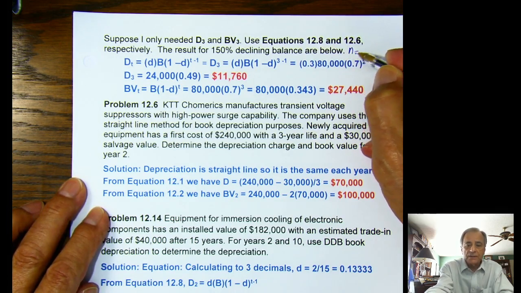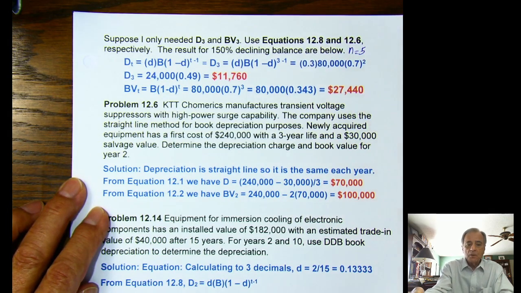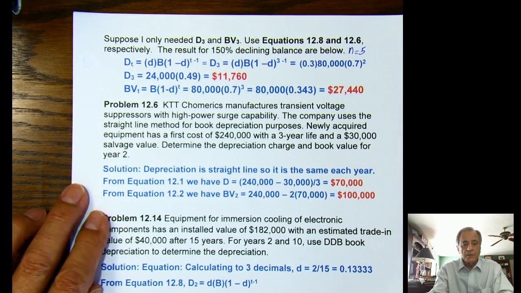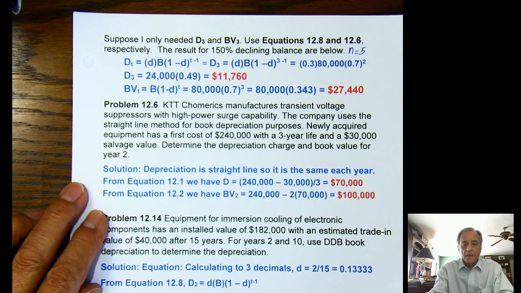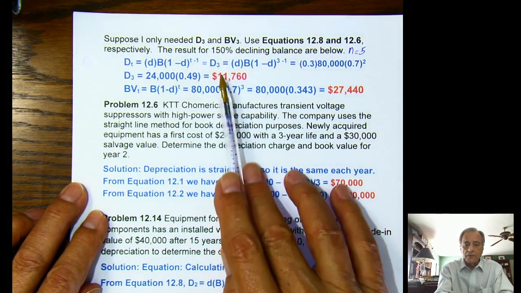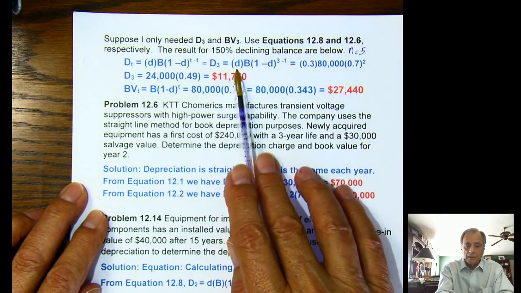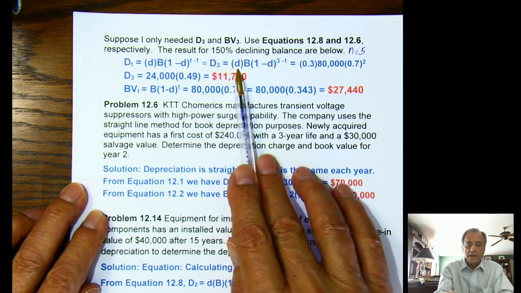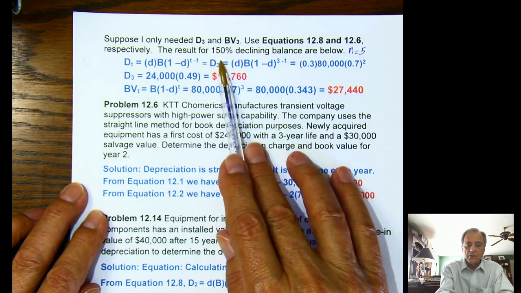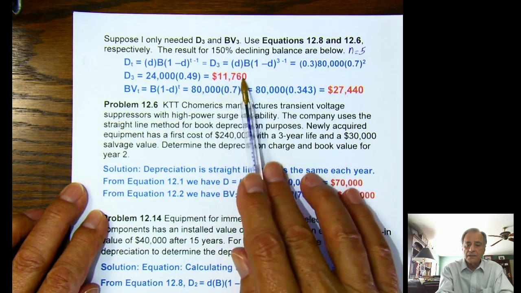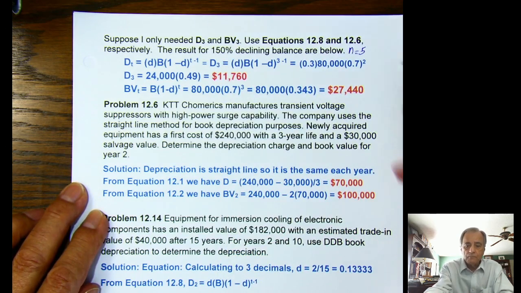We're really still dealing with that particular issue. And so in the case for D3, it would be little d, which when n equals 5 and you're using 150% declining balance, is going to be 0.3.